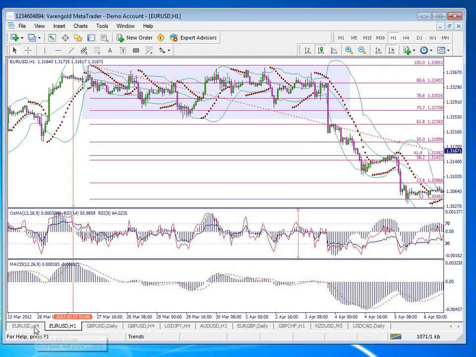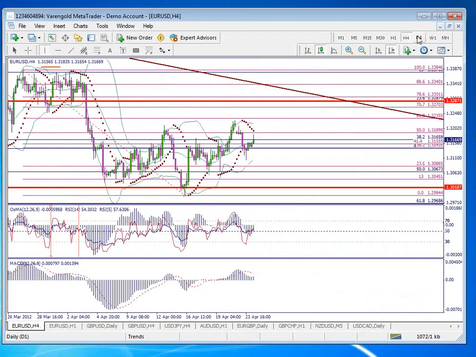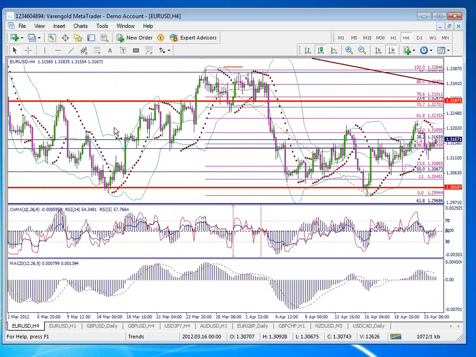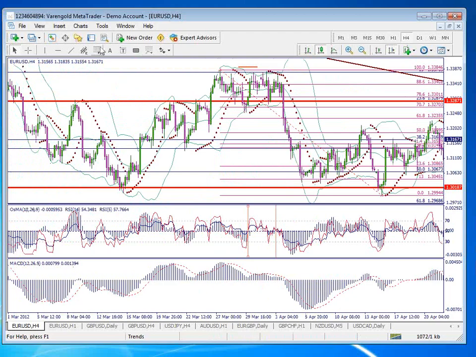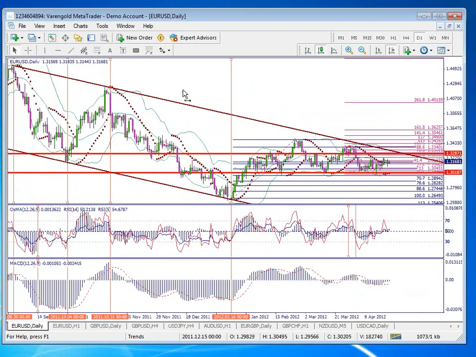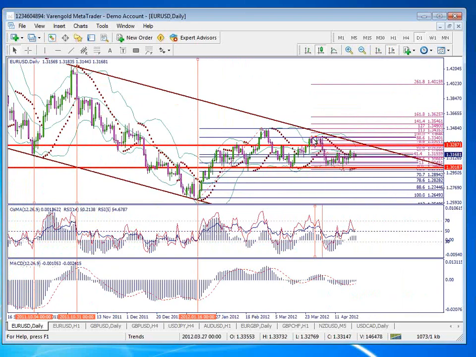Why do we have that situation? So this is the area we are talking about. If we go on daily, this one is the area. Everyone thought that the pair will try to reach that superior trend line channel, but it stopped earlier.